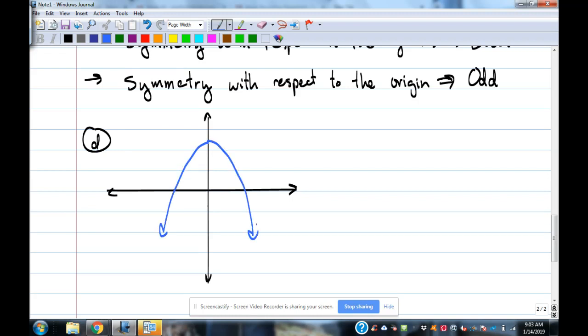That's pretty good. What would that one be? Even. Symmetric about the y-axis. If I fold it across this line, we can see that it should match up there. That's what I'm going for. So, an even function.